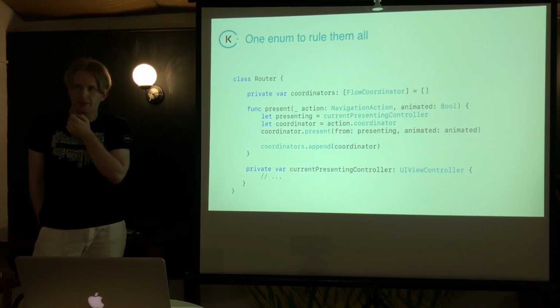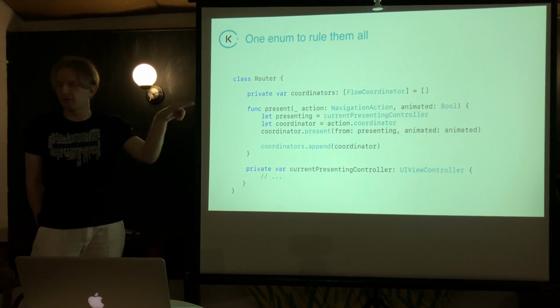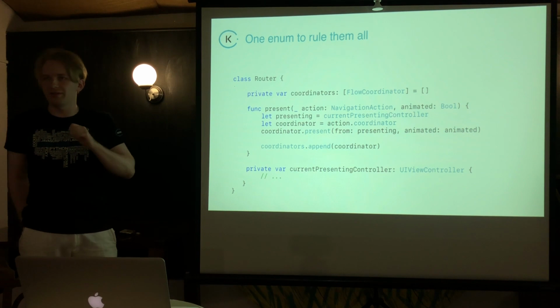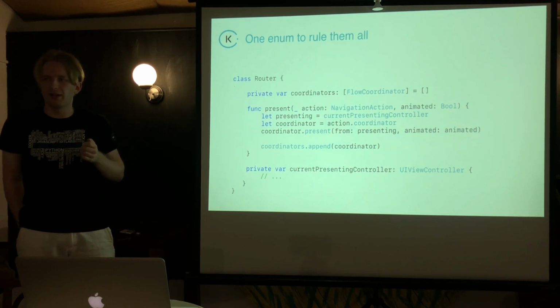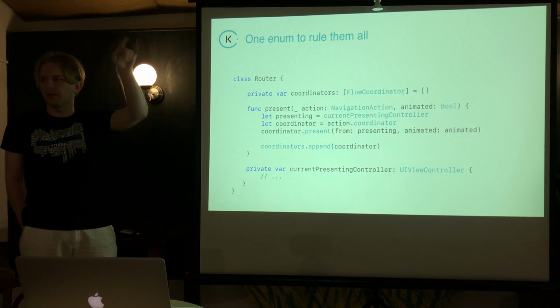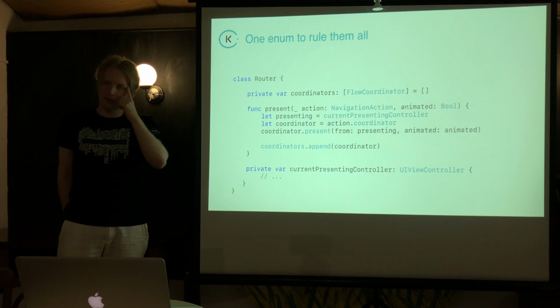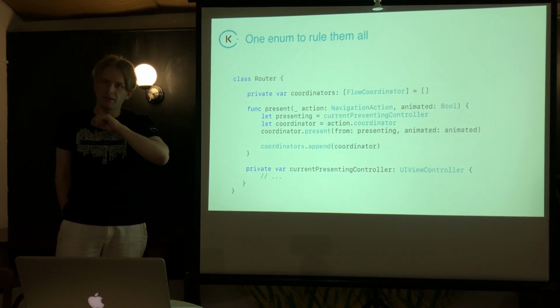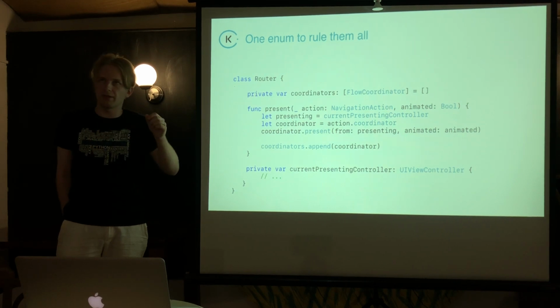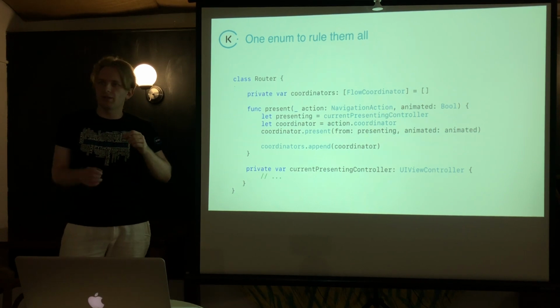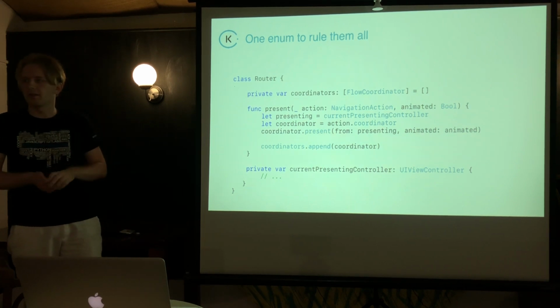I don't know if it's always possible, because you have things like the edge swipe, when you don't really get a callback for that, or even the back button on the navigation controller you don't really control. But I think currently we work around that by having a delegate from the controller called on view did disappear or something like that, and then checking if the controller is still in the navigation stack or not, and dismissing the coordinator then.